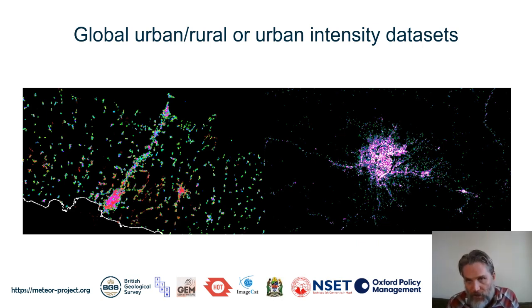And here's what it looks like for Kathmandu. I'm sorry, it looks like it's got a different color scheme here, but you can see quite clearly where you've got development and where you don't.